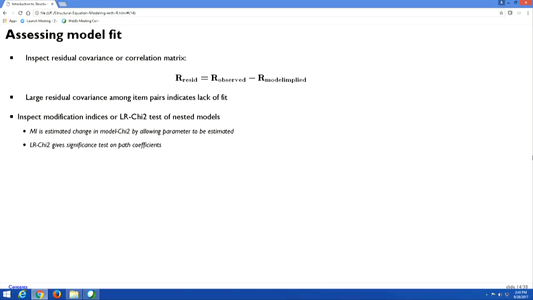Or you can fit a bunch of nested models where you allow a parameter to be estimated or restrict it to be 0, and you compare them using the likelihood ratio chi-square statistic. And if they're not significant, then it suggests that you don't have significant residual covariance. And if they are significant, it suggests that you have significant residual covariance, and you might want to address it in some way.